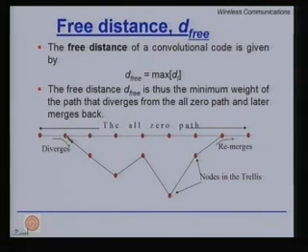So we go segment by segment. How far is this segment from this segment? And so on and so forth. That will give me the distance between the two paths. Now you measure all possible distances between pairs of paths. For a linear convolutional code, it is good enough to compare all possible distances from the all zero path. Whichever is the minimum is called the free distance of the convolutional code.